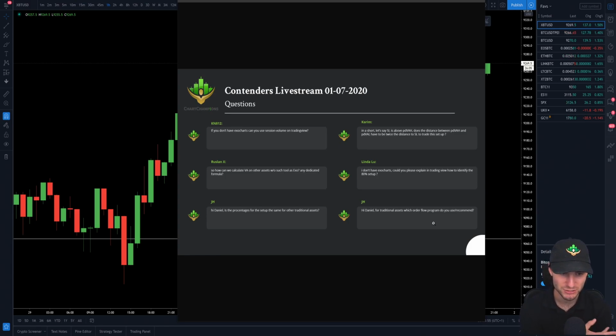Sierra Charts, you have to pay for the data, and this is the thing. The data of this is actually a lot more expensive than cryptocurrency. This is why cryptocurrency is very advantageous to newer traders, because you don't have to start paying hundreds of dollars on real-time data.